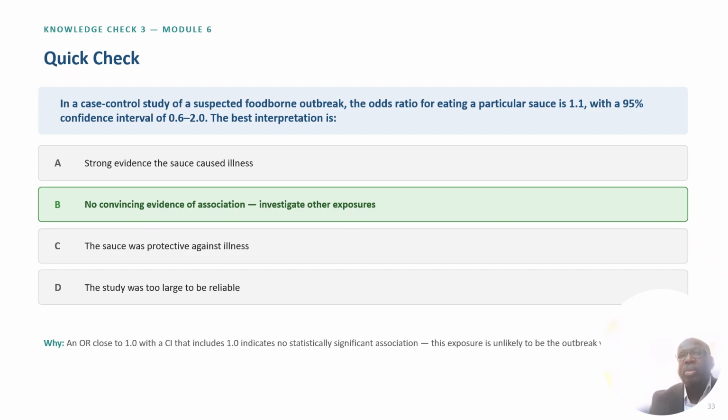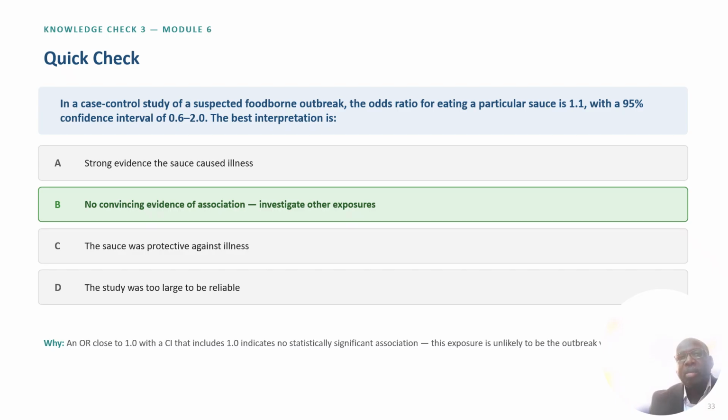The odds ratio for a particular source is 1.1, with a 95 percent confidence interval of 0.6 to 2.0.